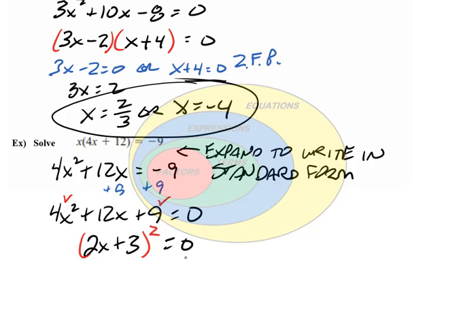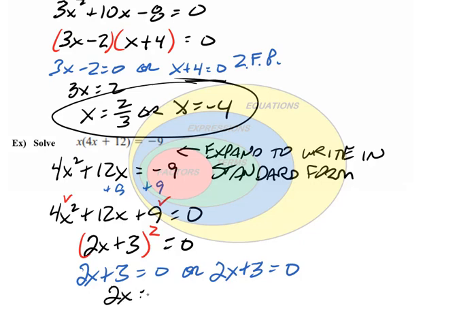So to solve this, the zero factor property just says take 2x plus 3 and set it equal to 0. Or the other factor, again, is 2x plus 3 equaling 0. So that's redundant. If I solve this one, if I subtract 3, I get 2x equals -3, or x equals -3/2.